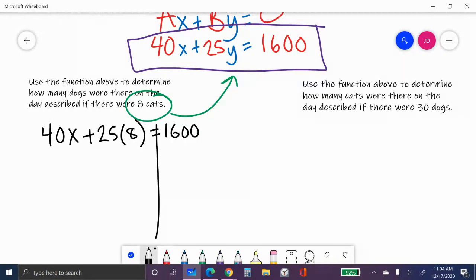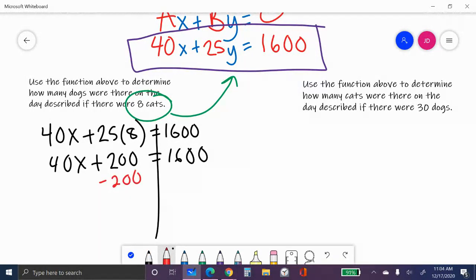And then I solve. I've got to simplify 25 times 8, which is 200. So 40x plus 200 equals 1,600.